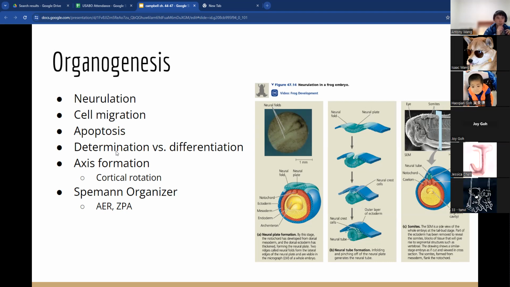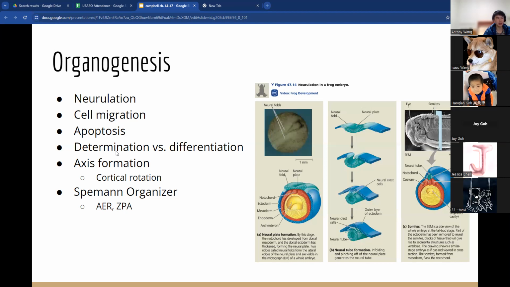Determination is a stem cell saying, I'm going to choose to become a muscle cell, and there's nothing you can do about it. Once a cell is determined, you can't change its cell fate anymore. Even though right now it's still a stem cell, because it's undergone determination, it will become a muscle cell no matter what you do to it. I get that's not entirely true, but it's mostly true. Then differentiation is the process where the stem cell actually becomes the specialized cell.